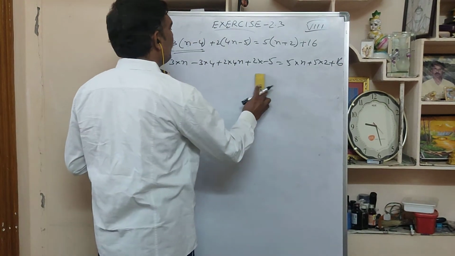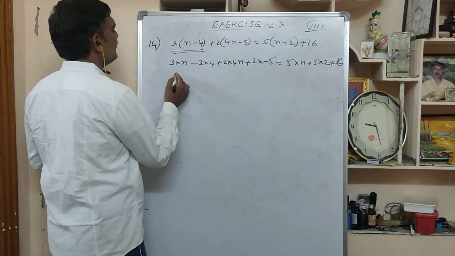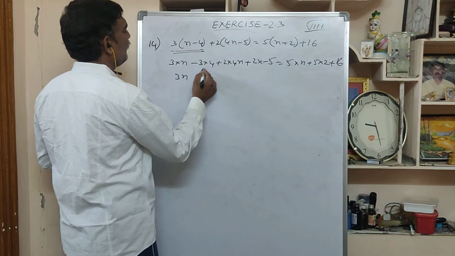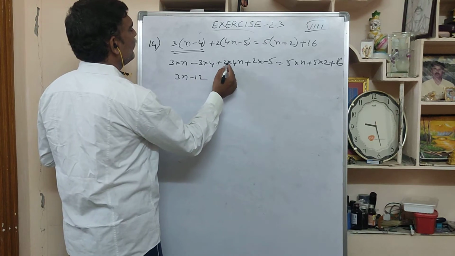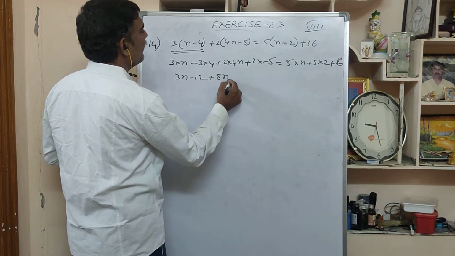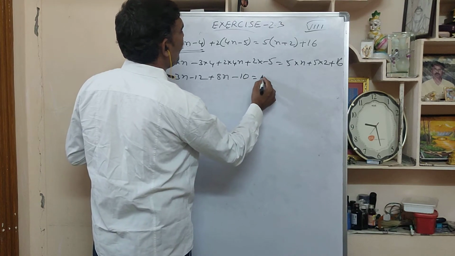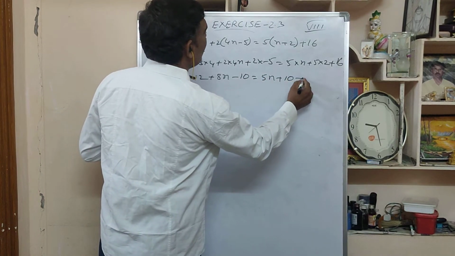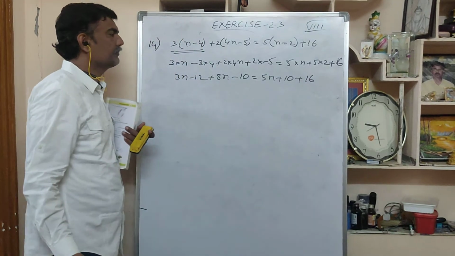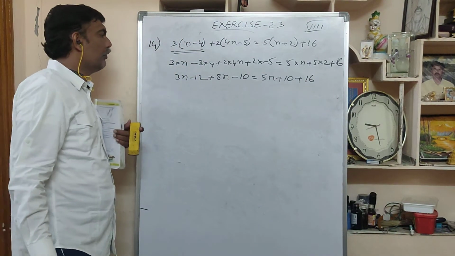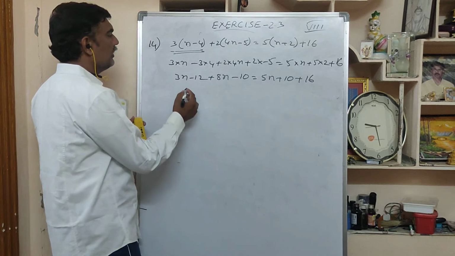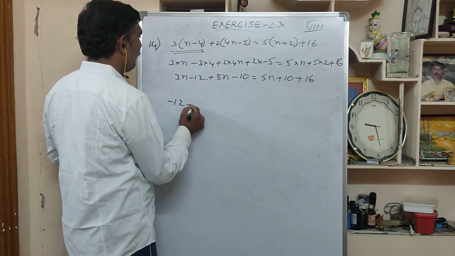Now simplification. 3 into n is 3n. 3 4s are 12. 2 4s are 8n. Plus into minus, minus 10 is equals to 5n plus 10 plus 16. So what I said is, okay, see here, minus 12 plus 8n.